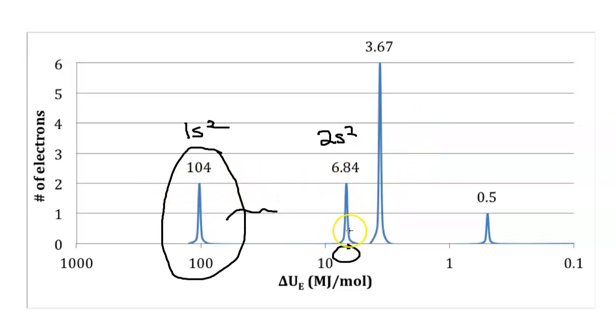Now notice this peak right here is 3 times as big. And notice it's pushed over just a little bit. This is my 2p6. Notice that the p is close in energy to the 2s because these guys are sharing a very similar proximity. The p is kicked out a little bit because the s shields it a little bit, because of the shape of the dumbbell of the p.